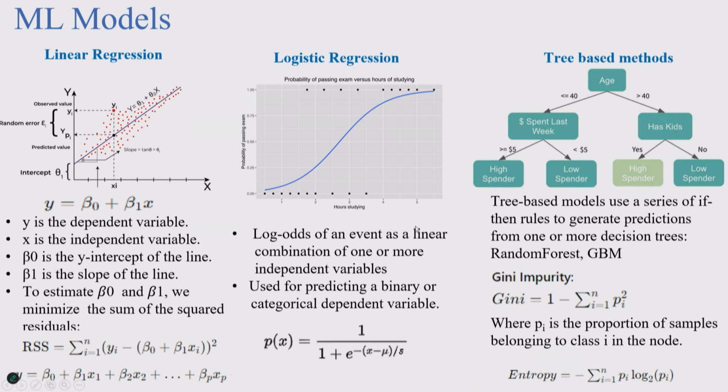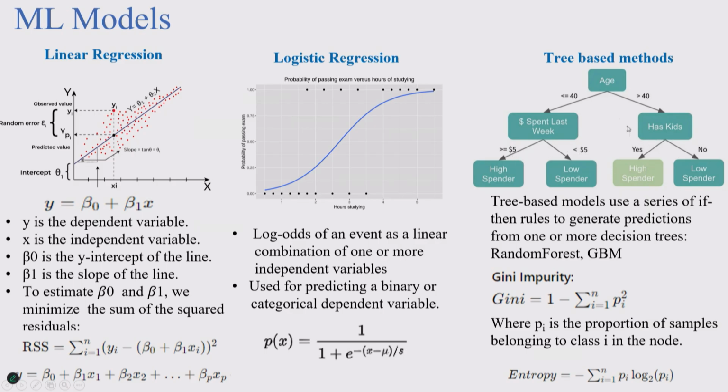Now this is fine, but these are rarely used for machine learning tasks, almost never. One of the most popular machine learning algorithms is tree based. It is based on if-else and if-then statements. For example, you want to predict the age of a cat or the age of a man: whether it's less than 40, greater than 40, spent a lot of money last week or not, or has kids or not.